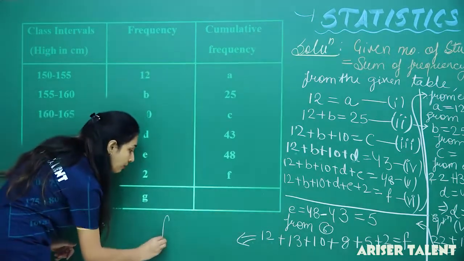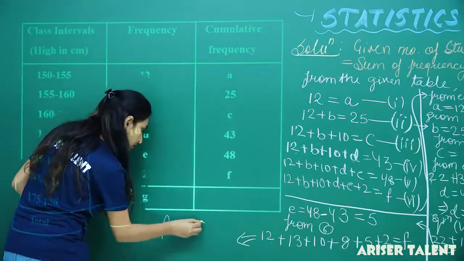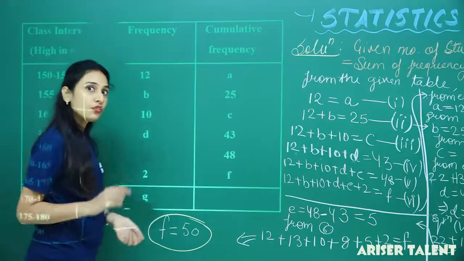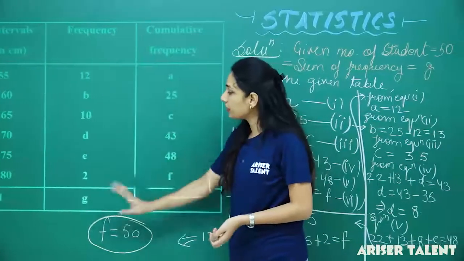So, you get the value F equals to 50. Right or wrong, student? You got the value of F equals to 50, which is the value of G and which is the value of all the summation right there.